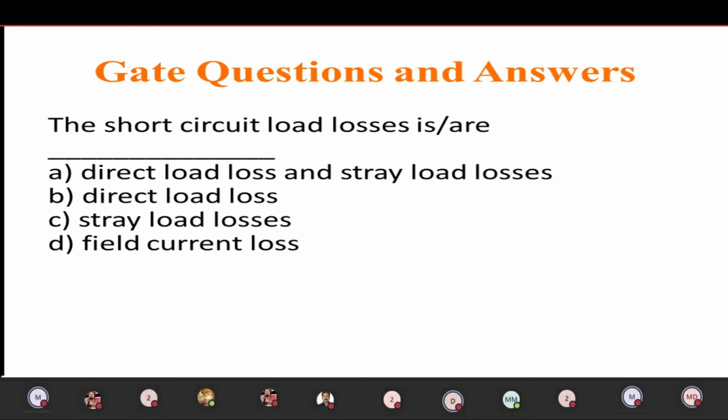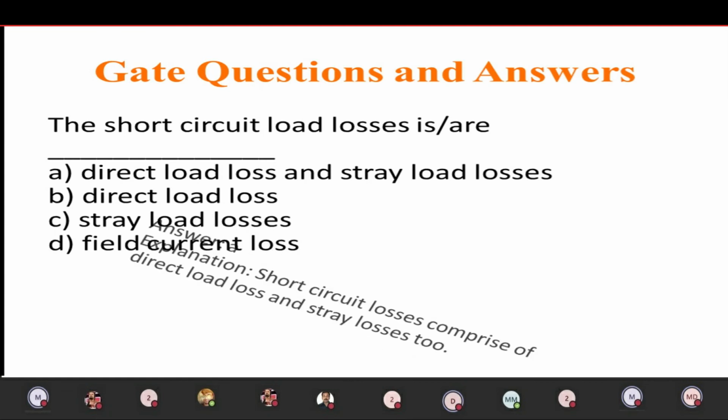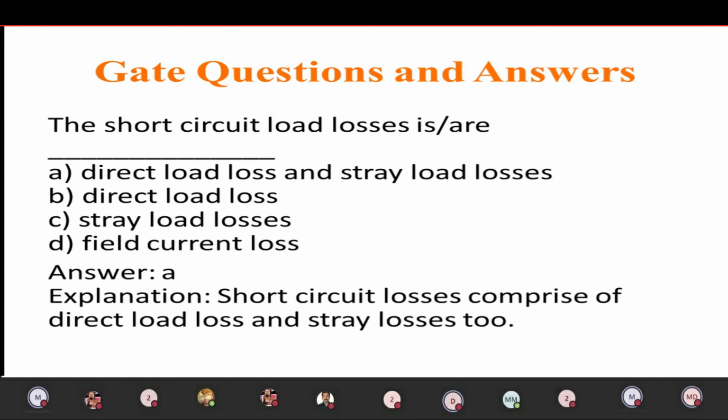Direct load losses and stray load losses, field current losses. So the answer is short circuit losses comprise direct load losses and stray losses.